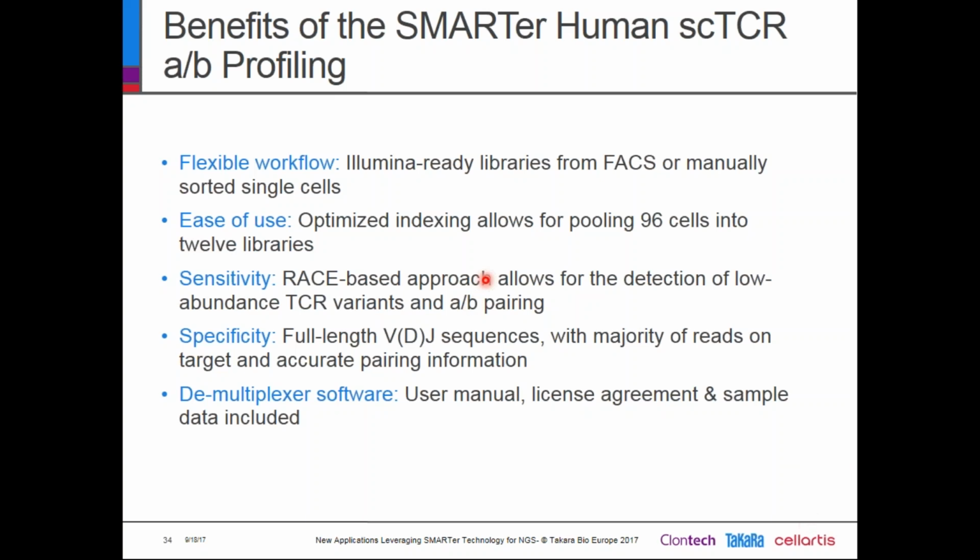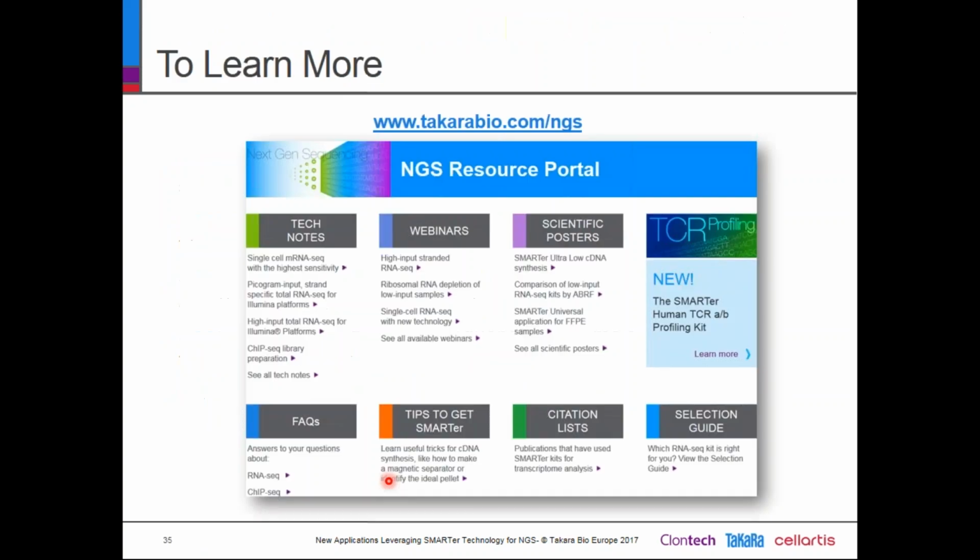It uses the RACE-based approach that we already discussed, which allows for high sensitivity and full-length VDJ sequence identification, and in this case provides accurate pairing information. Important to mention, with this kit the user will also get access to a demultiplexer software available on our website, with the license agreement and sample data included, to be able to analyze the single cell data.